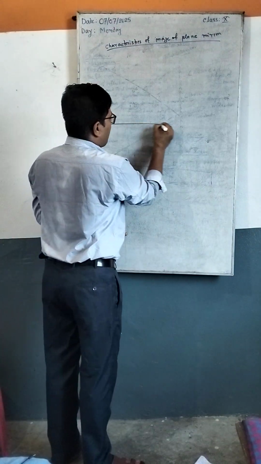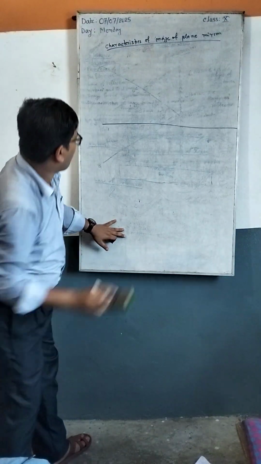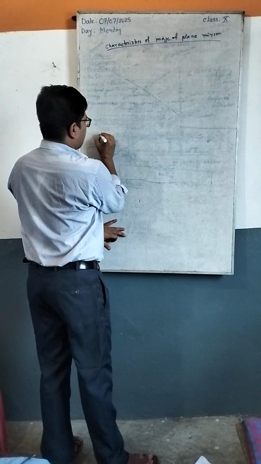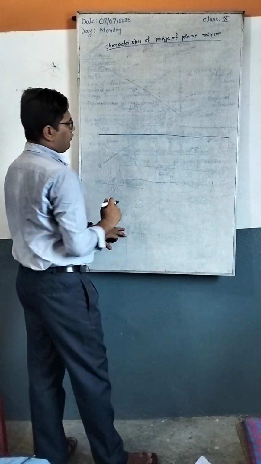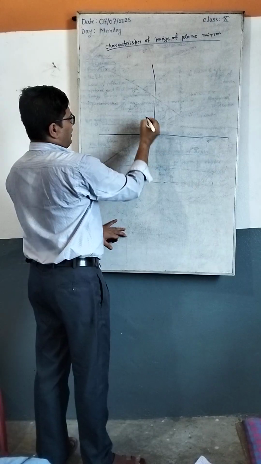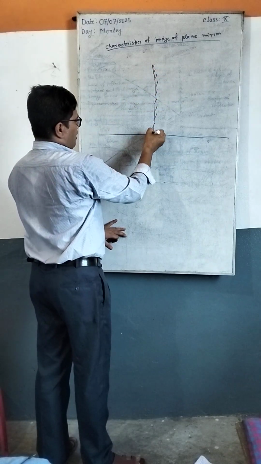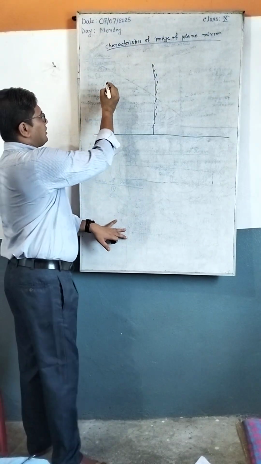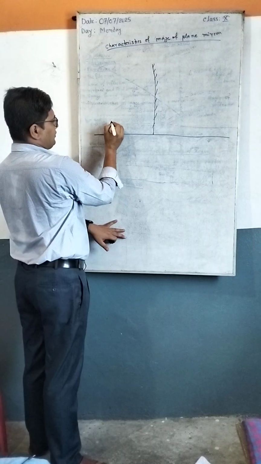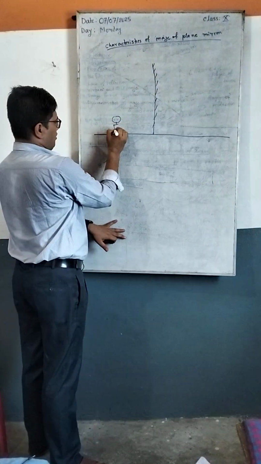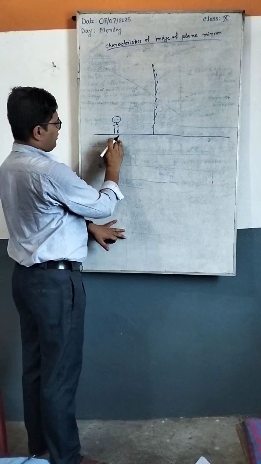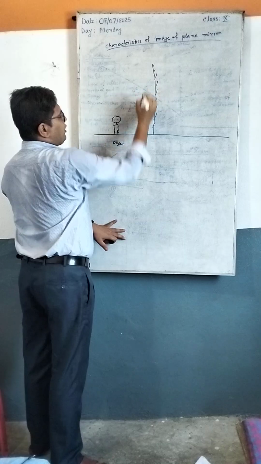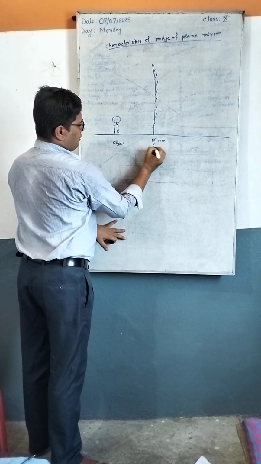Suppose here is a plane mirror, with the reflecting surface and the opposite surface. One man is standing here, he is the object, and here is the plane mirror.